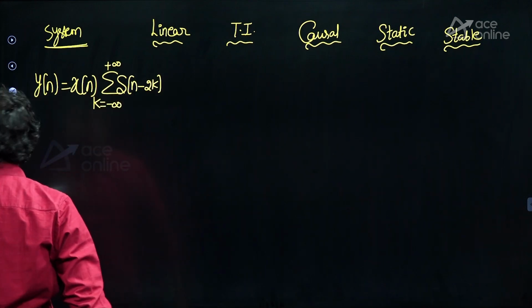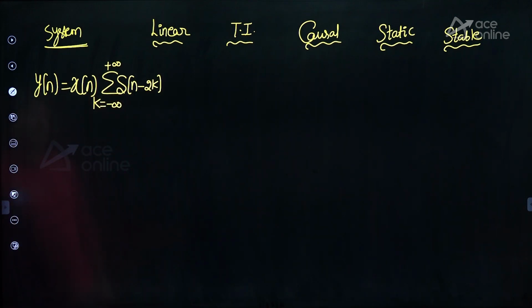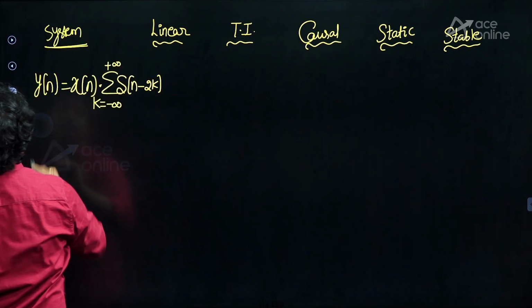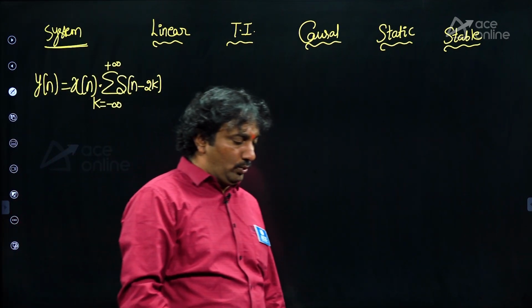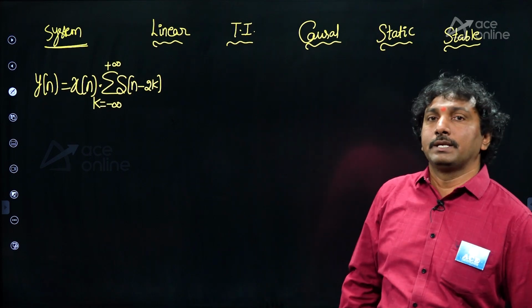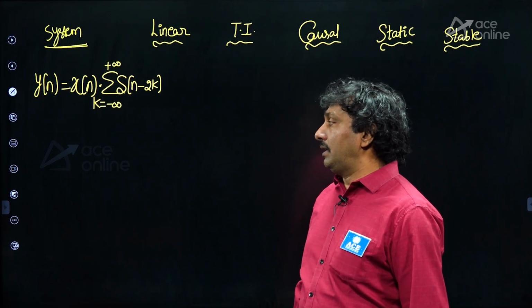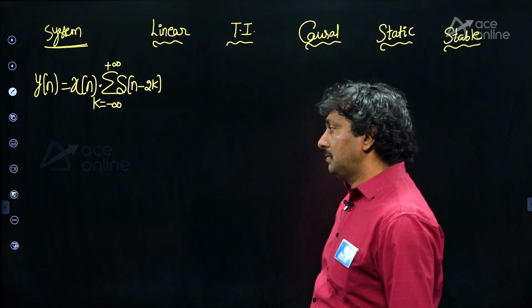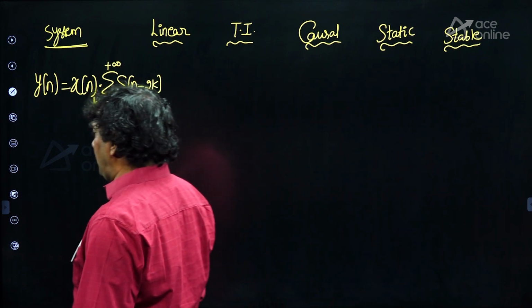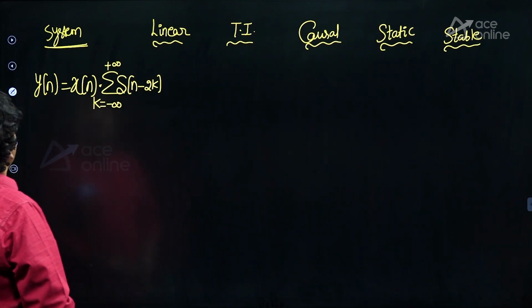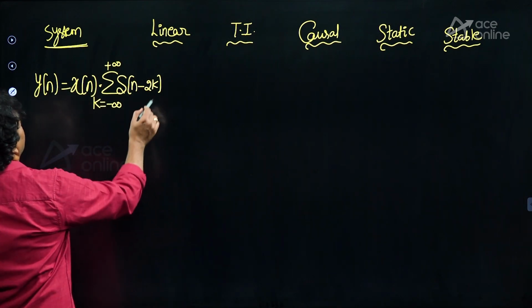Think of this example: y(n) equals x(n) into a stream of impulses, sigma from minus infinity to infinity of del of n minus 2k. Of course it is linear.